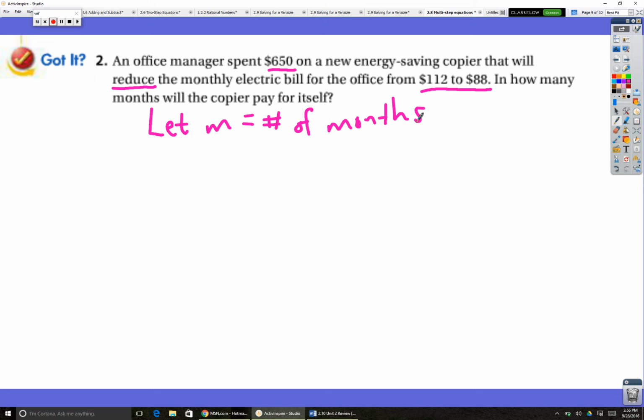So the first scenario, the monthly bill is $112 times the number of months. The second scenario, it's only $88 times the number of months, but we have to add the $650 for buying the copier. So now solving this equation will let us know how many months it will take until we break even.